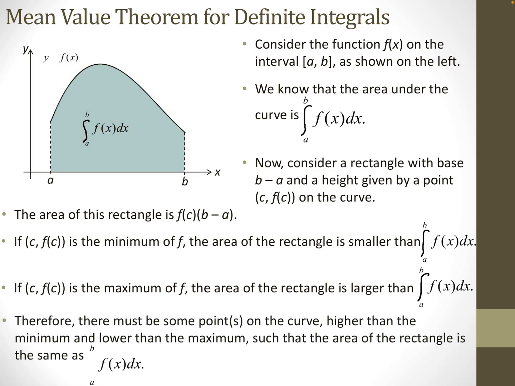Therefore, there must be some point on the curve higher than the minimum and lower than the maximum, such that the area of that rectangle is exactly right. So it's sort of like Goldilocks and the Three Bears. The smallest rectangle is too small, the biggest rectangle is too big. So somewhere in between the lowest and the highest is some exact c value where the area of this rectangle is exactly the right area under the curve.